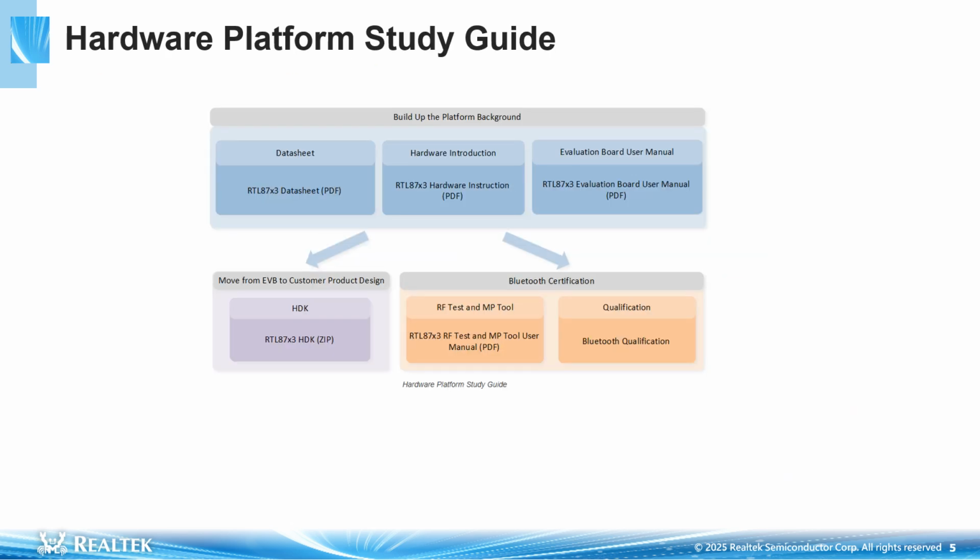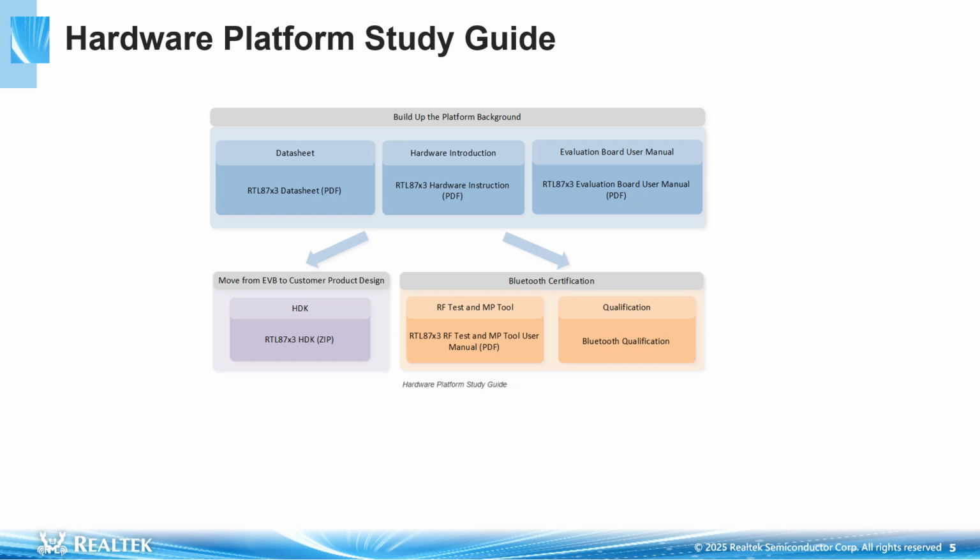As illustrated, this is a learning guide for the SoC hardware platform, providing developers with a systematic reference framework to ensure efficiency and precision in product development. Preliminary understanding phase. Before commencing the design of a specified device, developers are advised to first consult the datasheet to obtain detailed technical specifications and features of the SoC.